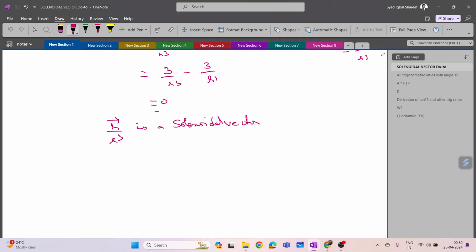The operator i ∂/∂x plus j ∂/∂y plus k ∂/∂z dot product of whatever is the given function. Take the dot product, differentiate, simplify, answer always 0 is solenoidal. Or he will give some value, we have to find: find P if it is solenoidal, find K if it is. We have done this. And he says show that r/r³, whatever he says, only one thing we are doing: del dot f equals 0. That's it.